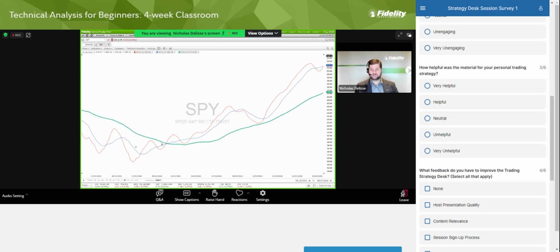It's still downward sloping, and it's finally upward sloping. And we can see up, down, up, down, up, down in the shorter term, but intermediate term, up, down, and then up and down. And then longer term, just down and then up.